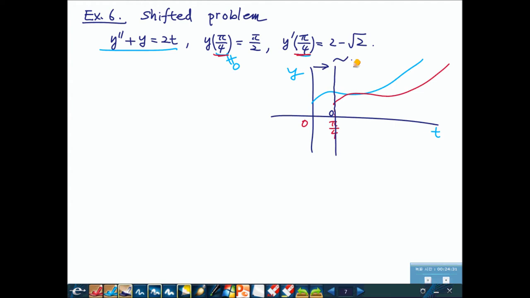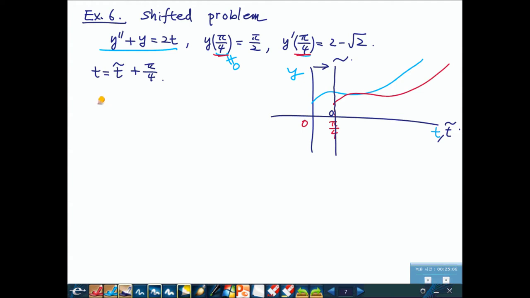So t becomes t tilde plus pi over 4. The tilde is shifted space. Zero is shifted, and t and y of t are original. This is t tilde. You're just moving the coordinate by doing that.